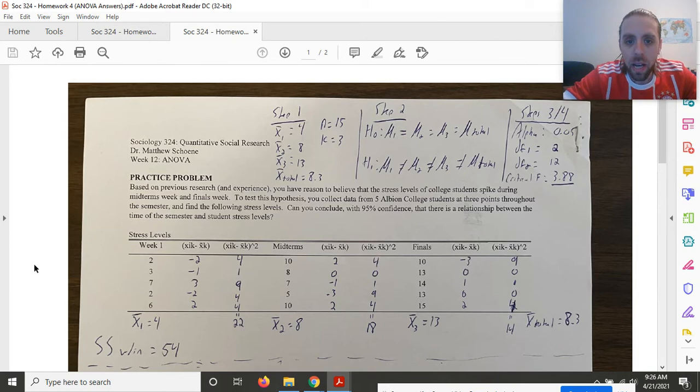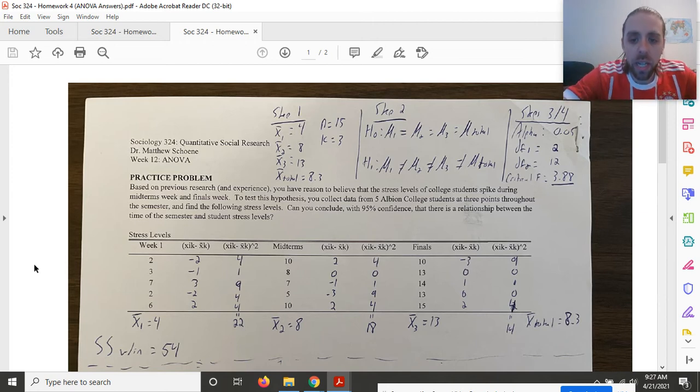I'm also going to write down an N of 15 and a K, or number of groups, of 3. My hypothesis, the null for an Anova problem is always that all of these group means equal one another and also equal the grand mean. So mu1 equals mu2 equals mu3 equals mu total.